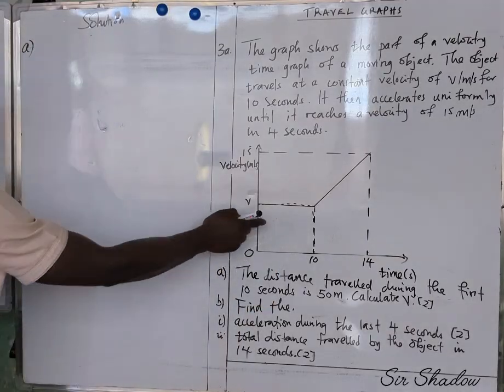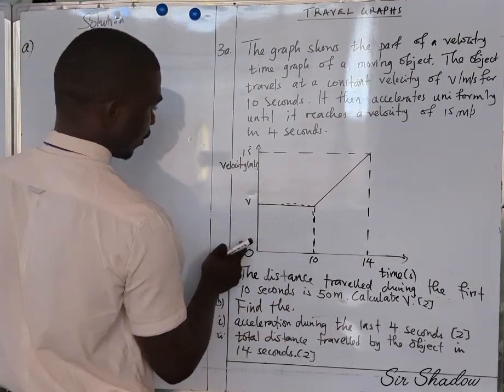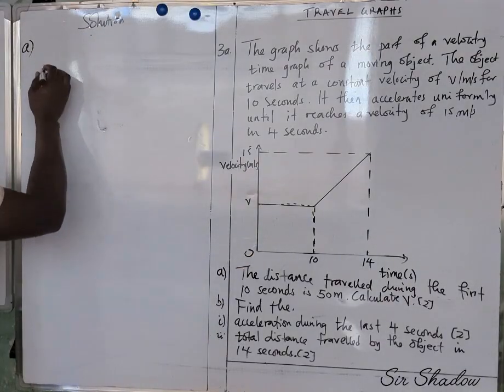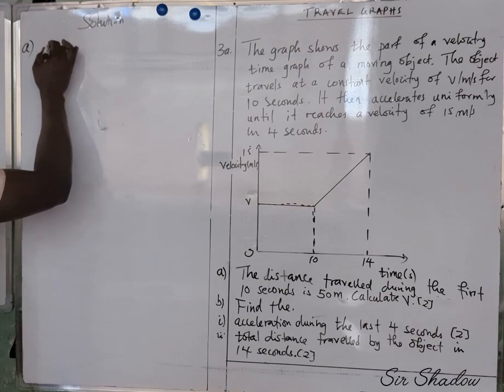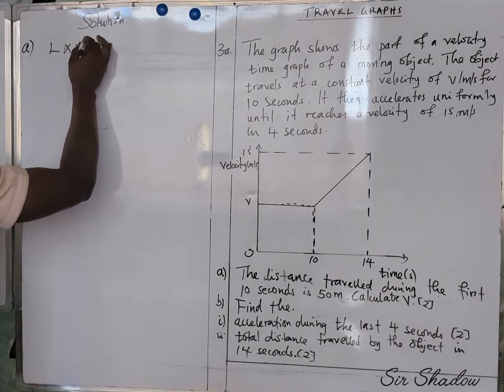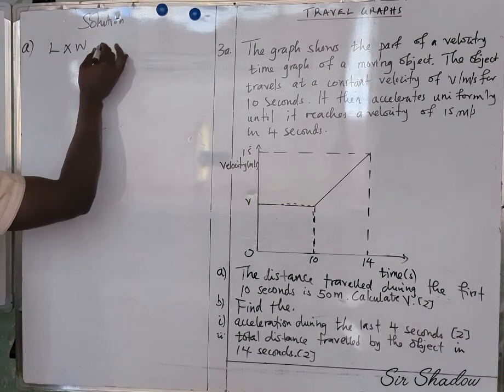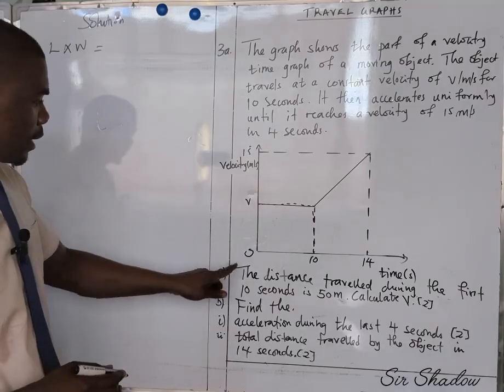Since you are asked to calculate the value of v, I can just say length times width is equal to the area. Where is the length? The length is 10.